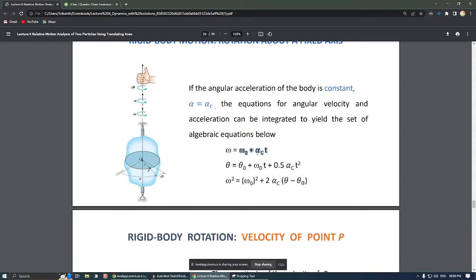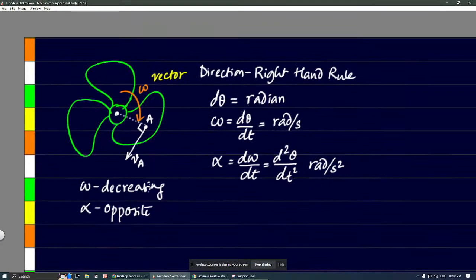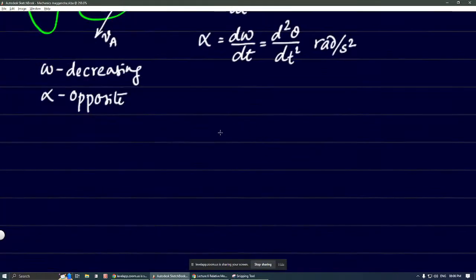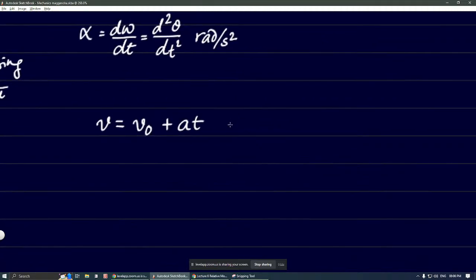So these equations are same as before, right? What were the equations for linear motion? V equals u plus at. Now for rotary motion, V will be replaced with omega, V naught will be replaced with omega naught, a will be replaced with alpha, and S will be replaced with theta.